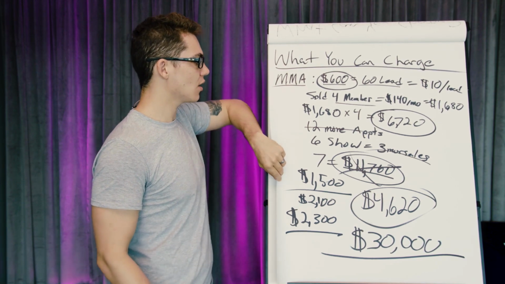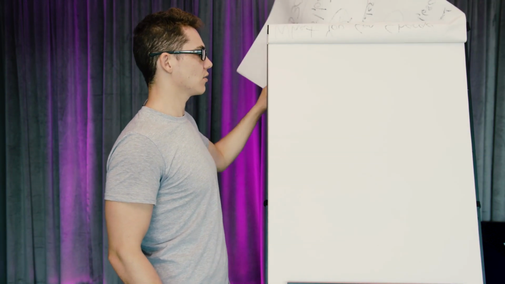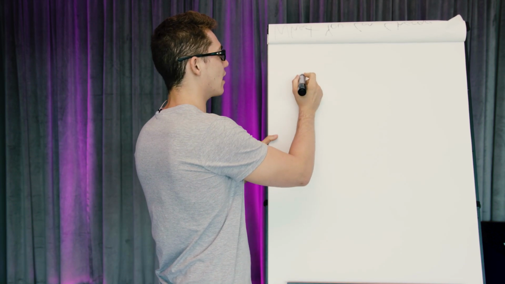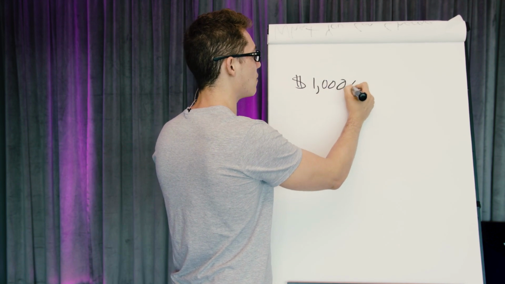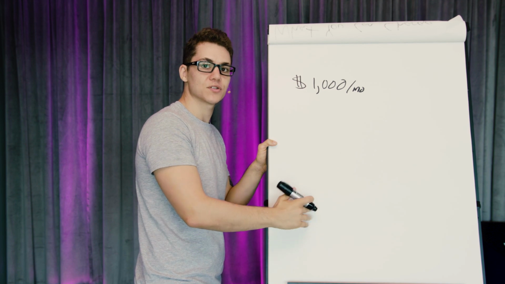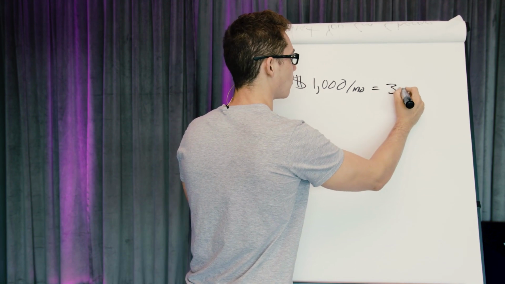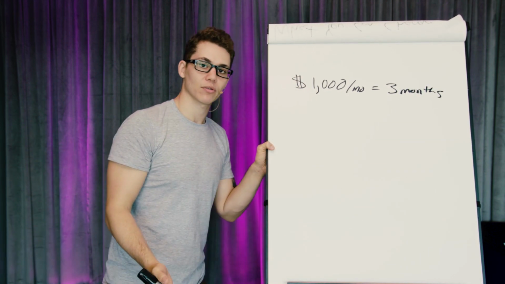And just so you know, there is a little trick I use called the 3-month negotiate. Let's say I charge $1,000 a month. What I always tell the client is that I normally charge $1,500, but I'm going to charge them $1,000 for 3 months to prove my worth.